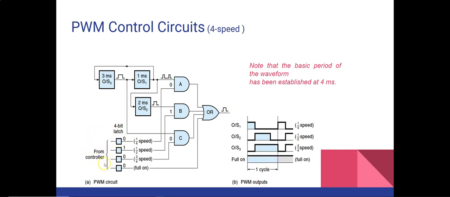This is the controller, and that controller could be your computer, which would use 4-bit data to latch the output port with a 1 in the bit position of the desired speed, and the motor would operate at that speed until a new command is sent from the controller. So this was the pulse width modulation control circuit, and this is the end of the lecture. Thank you so much for watching.